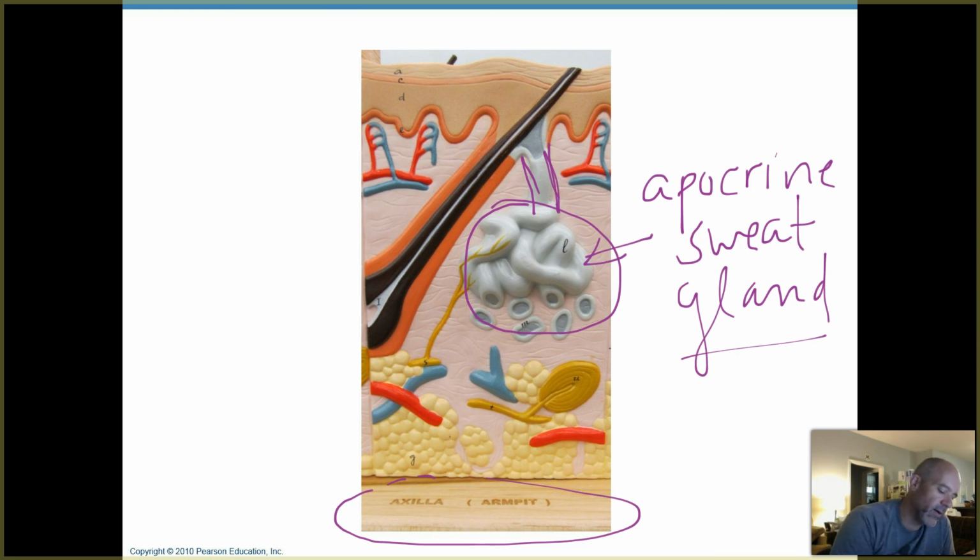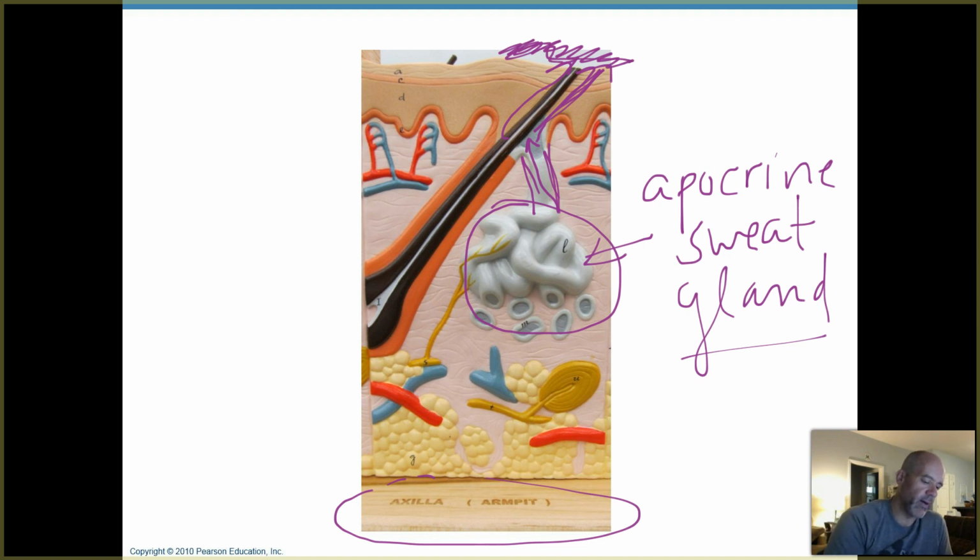Notice too that the duct doesn't go all the way to the surface. On an apocrine sweat gland, the duct connects into a hair follicle, and then the sweat from those glands travels through the hair follicles up to the surface of the epidermis.